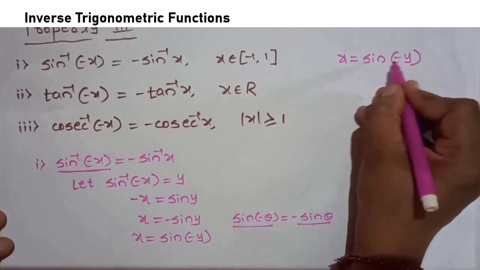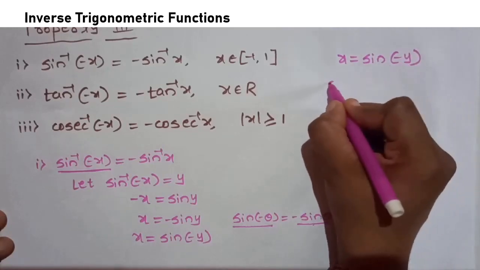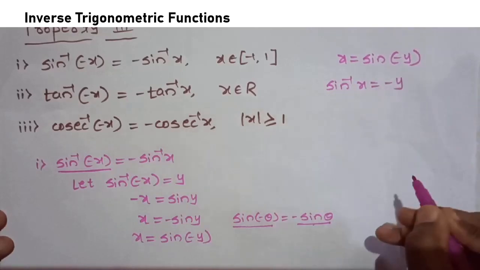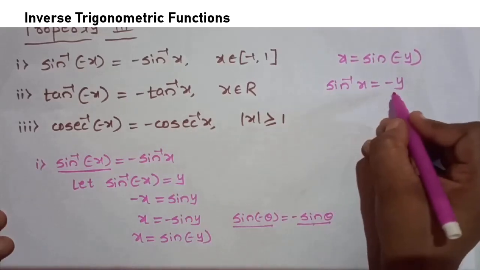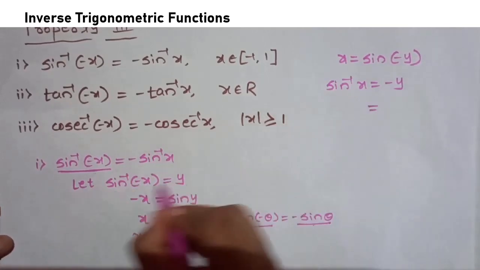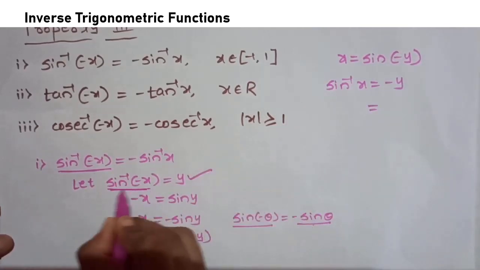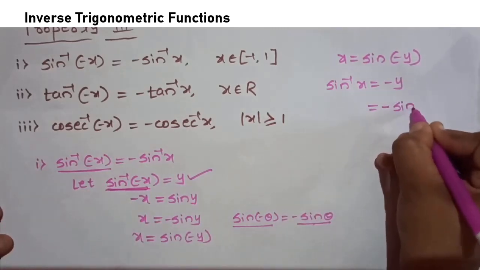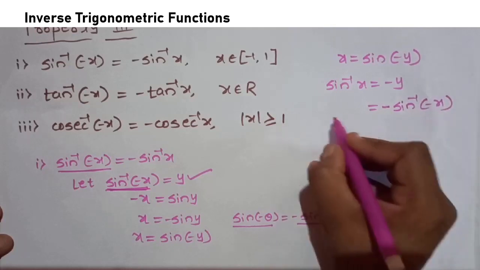Therefore, if x is equal to sine of minus y, we can write sine inverse x is equal to minus y. Y we have already taken as sine inverse of minus x, so sine inverse x is equal to minus sine inverse of minus x.